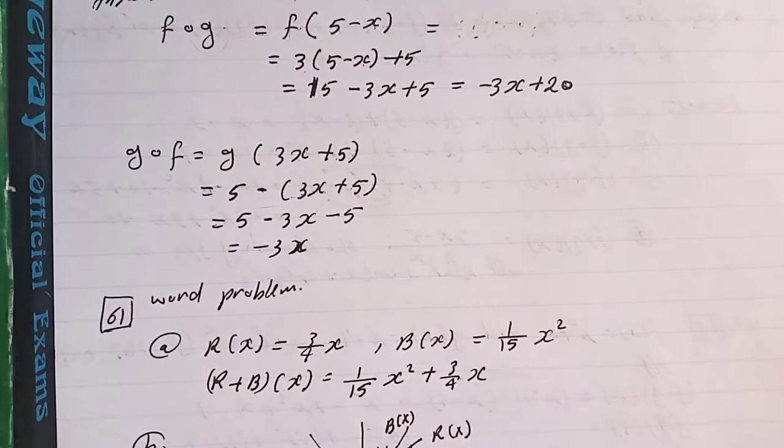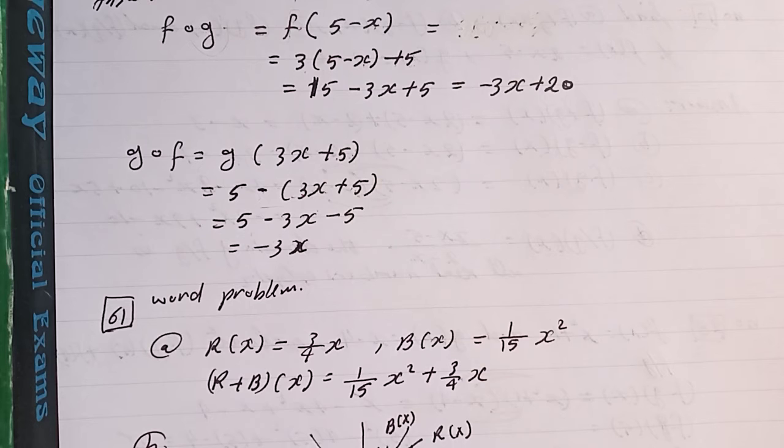Number 61 is a word problem. It says that the research and development department of an automobile manufacturer has determined that when a driver is required to stop quickly to avoid an accident, the distance in feet the car travels during the driver's reaction time is given by R(x) equals 3 over 4 x.